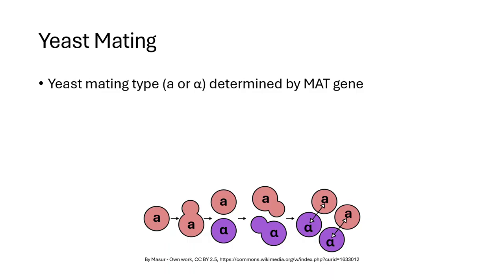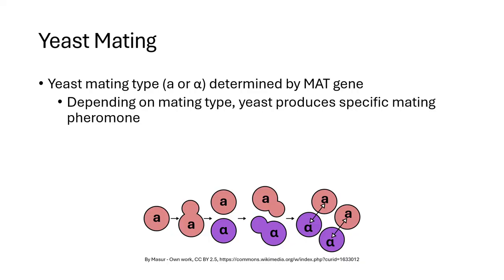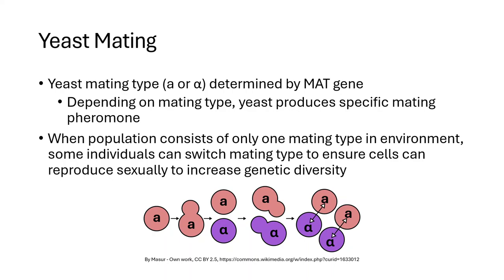You don't need to know a whole lot more detail about that. There's a complex set of signal transduction pathways that end up determining the physical response to exposure to mating pheromones produced by the yeast. The important thing is that the mating type of a yeast is determined by a particular gene, in this case, the MAT gene.